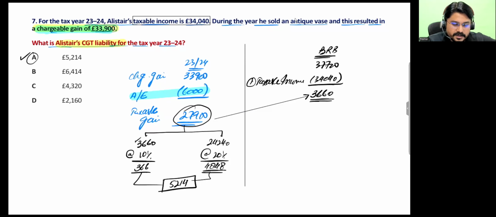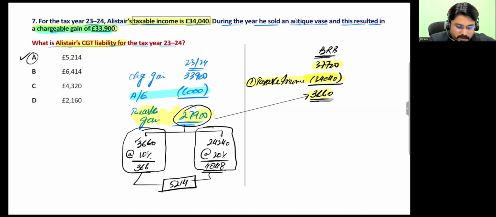Nothing is given in the question as useless; everything is used here. The taxable income covers the basic rate band limit, and the remaining band limit can be covered by the gains amount. From the total gains, these gains are falling in the basic rate band limit. They are subject to tax at the lower rate of CGT, whereas the differential gains will be subject to tax at the higher rate of CGT. So the total tax liability will be 5,214 for this question.